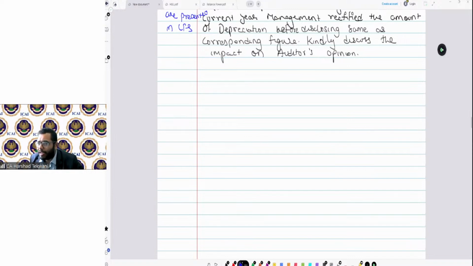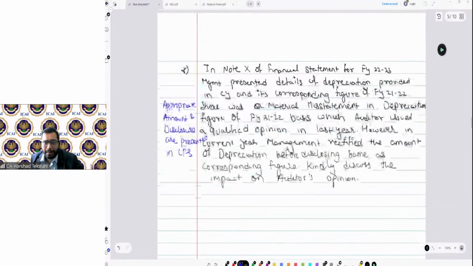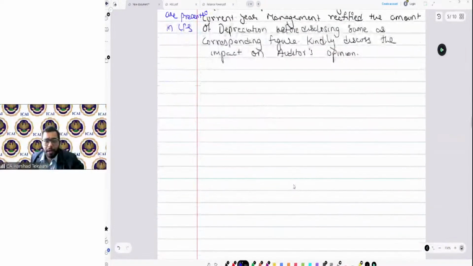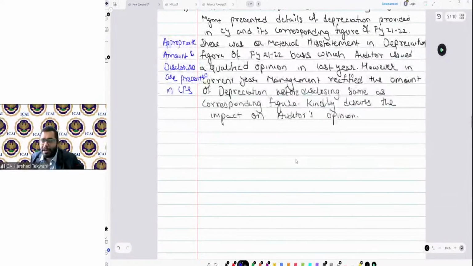Can I say this matter is of significant importance, which is appropriately disclosed and presented in my financial statements? Yes, because there was a modification with this number last year, but this year they have rectified it. Yes, this carries the importance. It is of significant importance, and the amount is appropriately disclosed and presented in current year numbers.